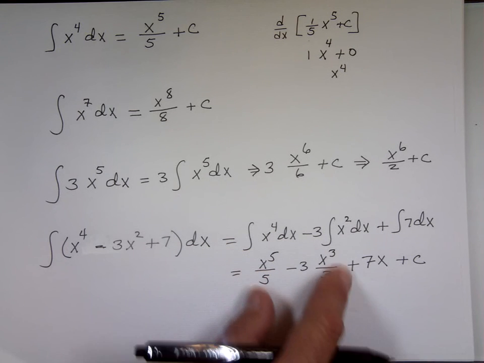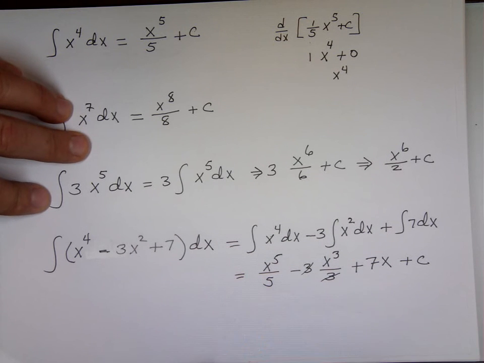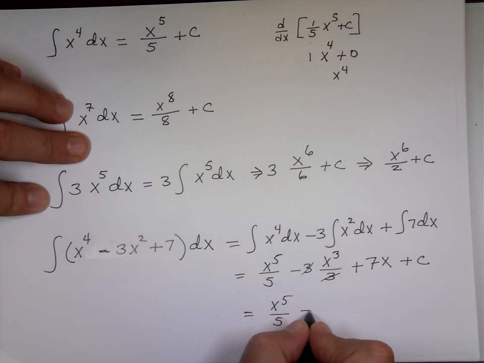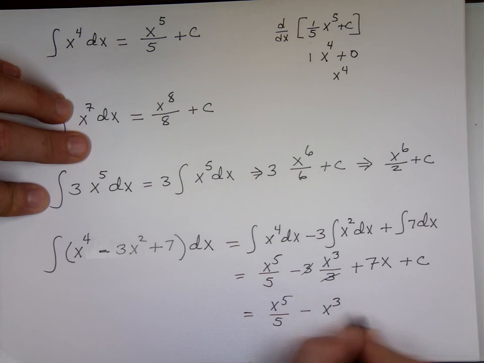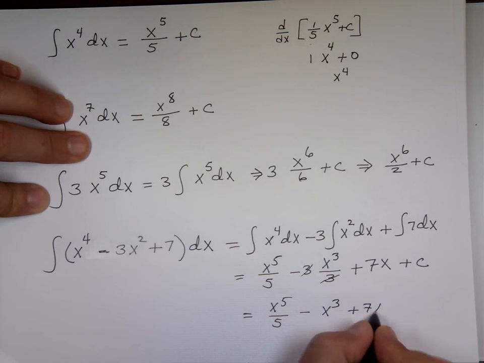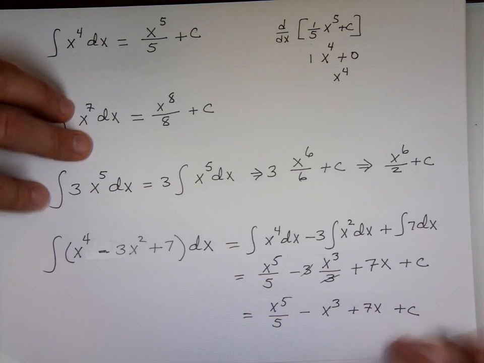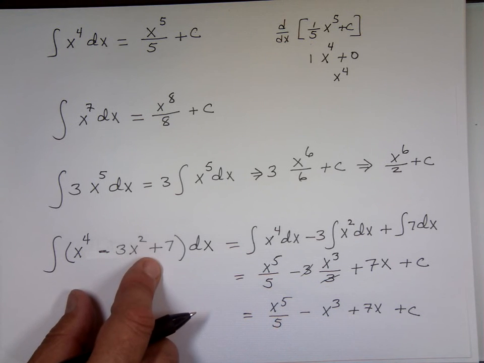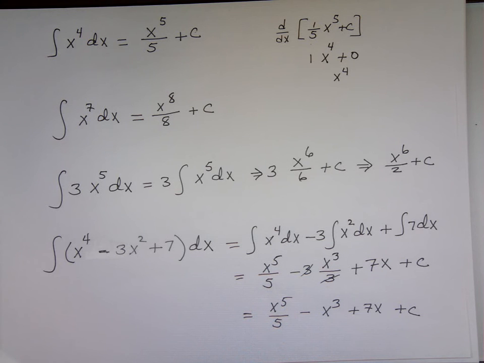Now the 3 cancels the 3 here. So I end up with x to the 5th over 5 minus x cubed plus 7x plus c. If you tell me take the integral of negative 3 times the integral of x squared, no. Just like with derivative, the derivative of 3x squared, you don't go the derivative 3 times the derivative x squared. That's the same thing.